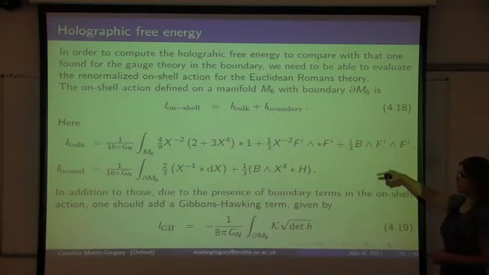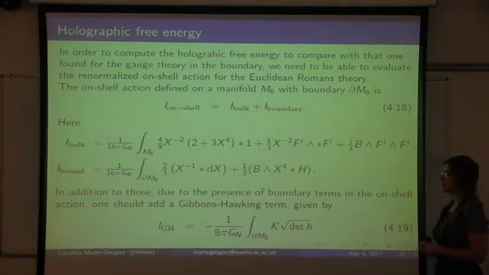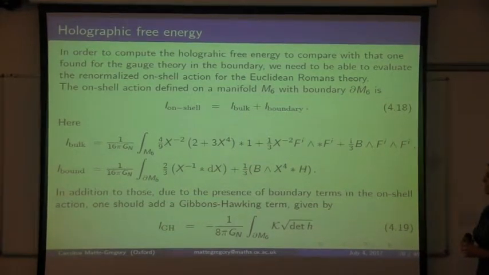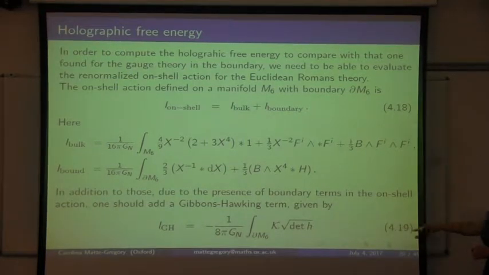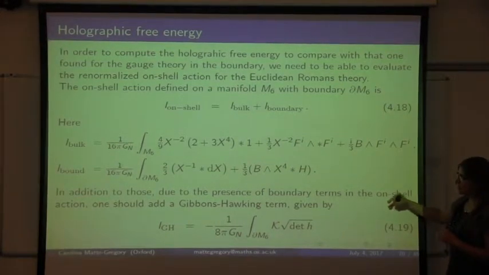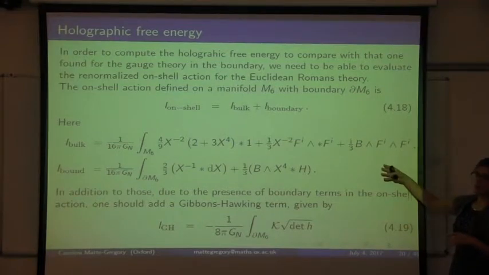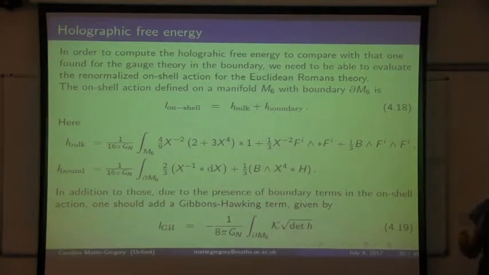So these are the equations, the integrals that I have to solve. I also have to include this given term, such that, especially on the boundary, I'll still have my action spitting out the Einstein equation.